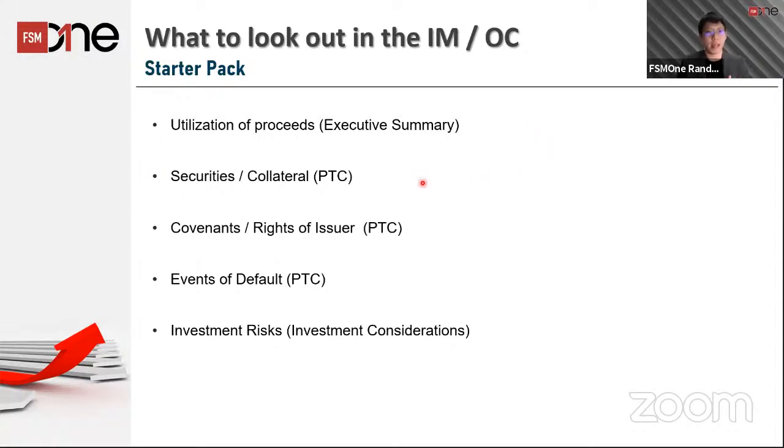And secondly, if there is any bond that has securities or collateral, all the information will be contained in the PTC sections as well. For instance, maybe this bond has a piece of land pledged as collateral. Then at least you have to know the details of the land specifically: where the land is located, and what kind of land it is.